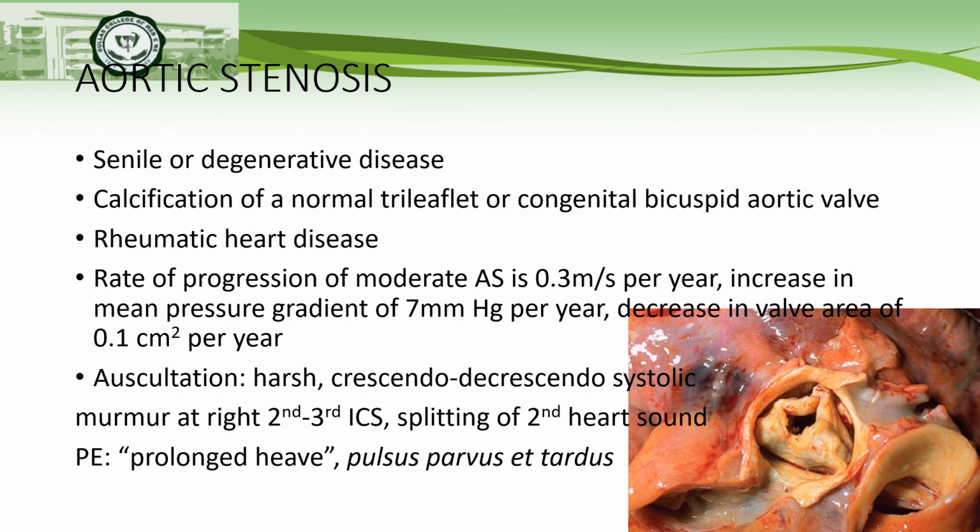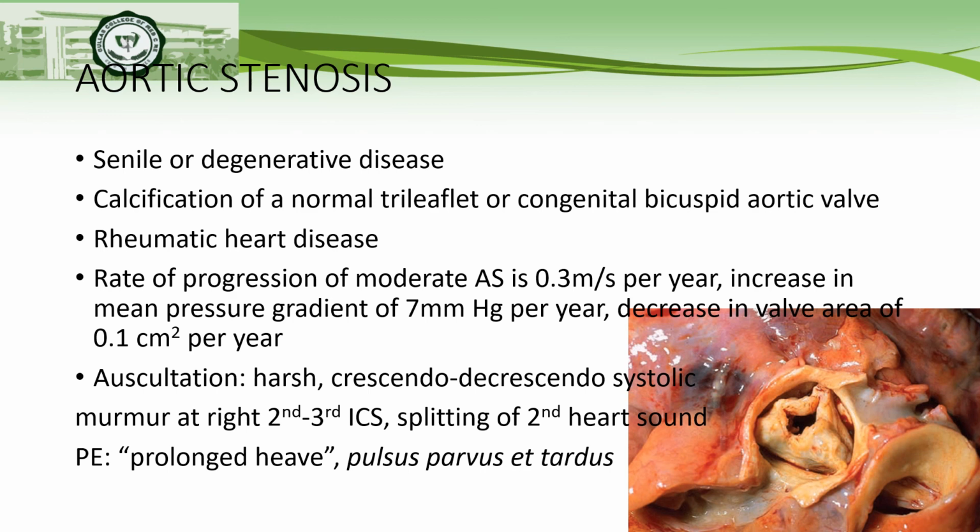The characteristic auscultatory findings of AS include a harsh crescendo systolic murmur at the right second or third intercostal space, often with radiation to the carotid arteries. As the disease progresses, aortic valve closure may follow pulmonic valve closure, causing a paradoxical splitting of the second heart sound.